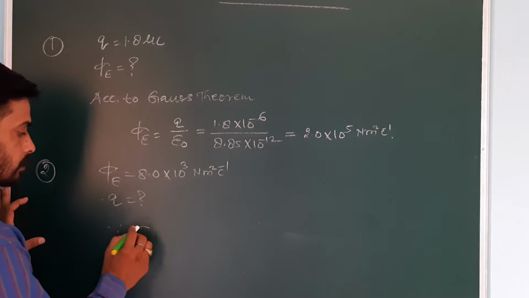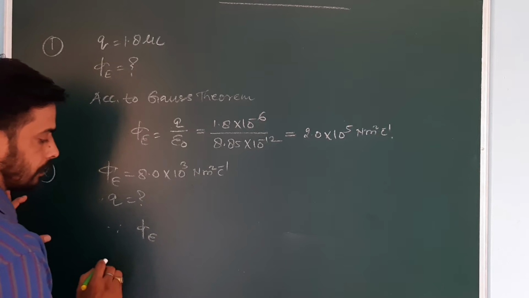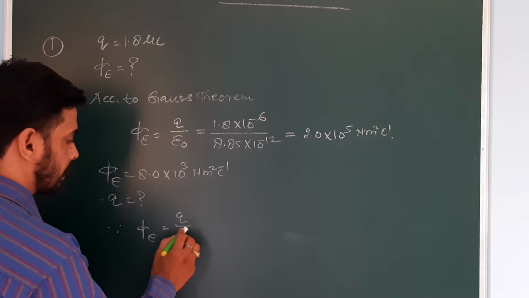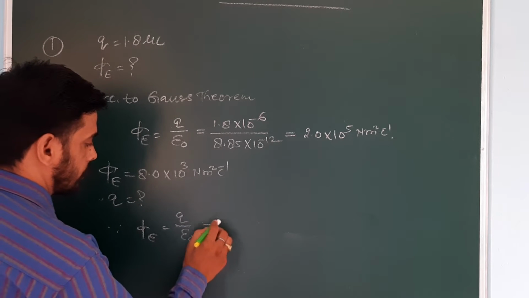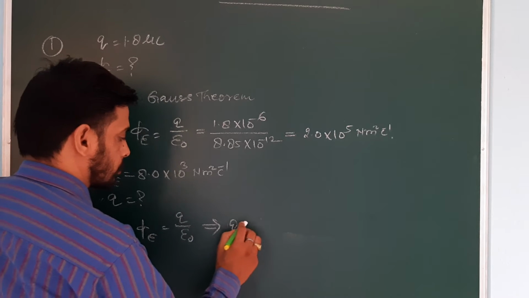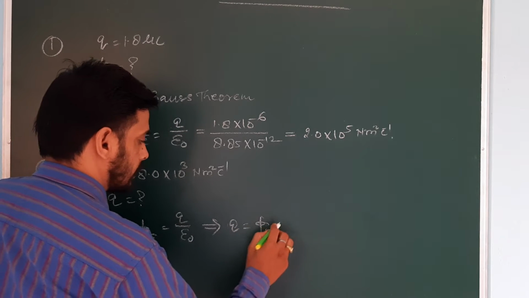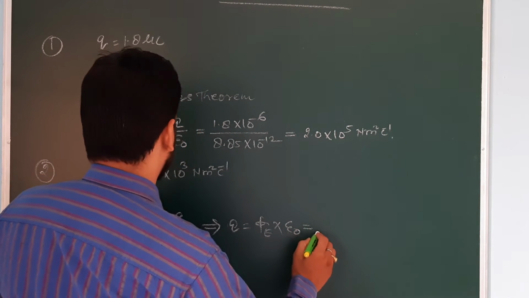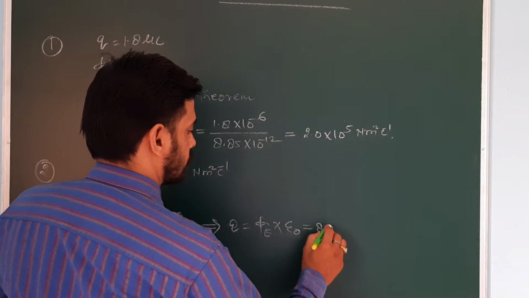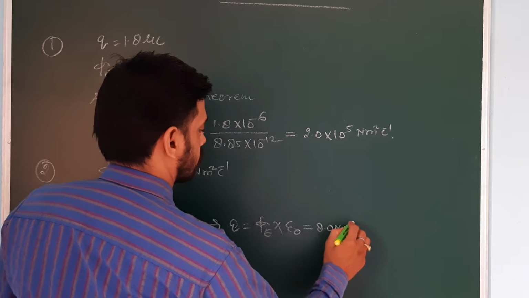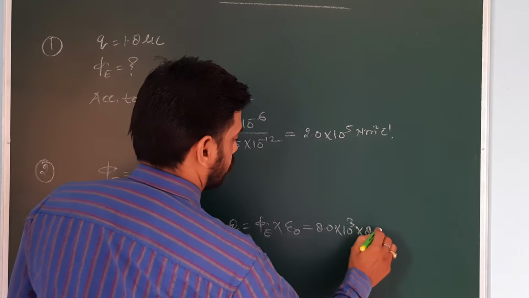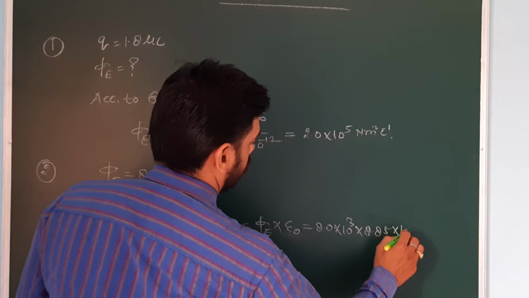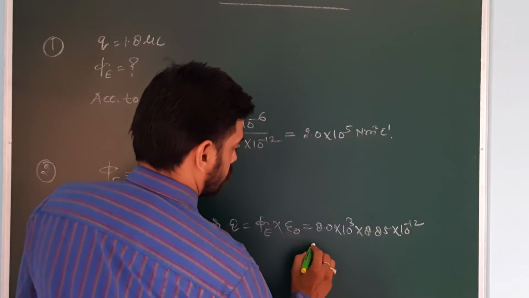So you can write phi is equal to Q by epsilon naught. Therefore, Q is equal to phi E into epsilon naught. Now put the value. Phi is 8.0 into 10 power 3 and epsilon naught is 8.85 into 10 power minus 12.